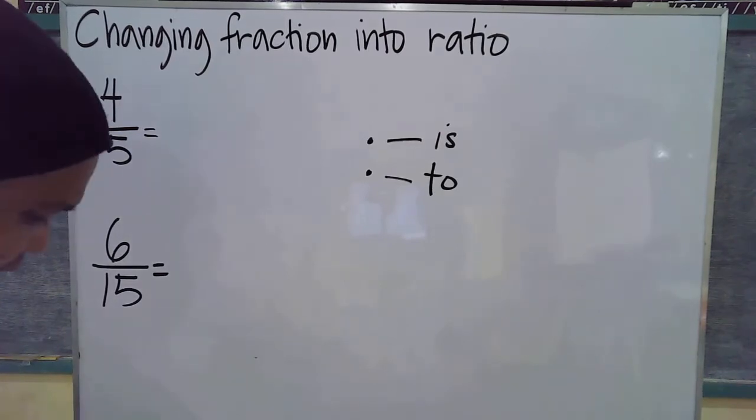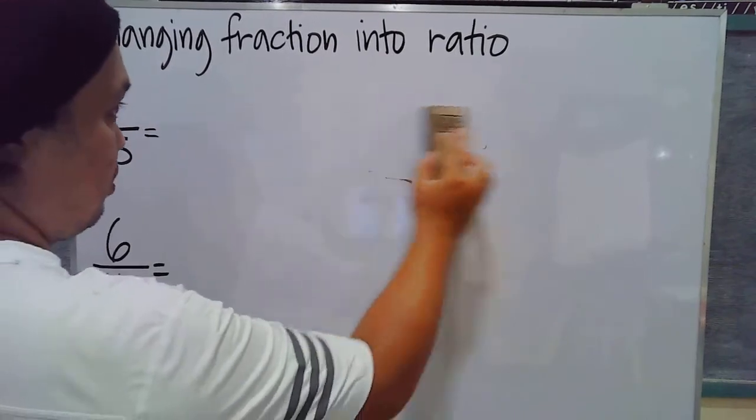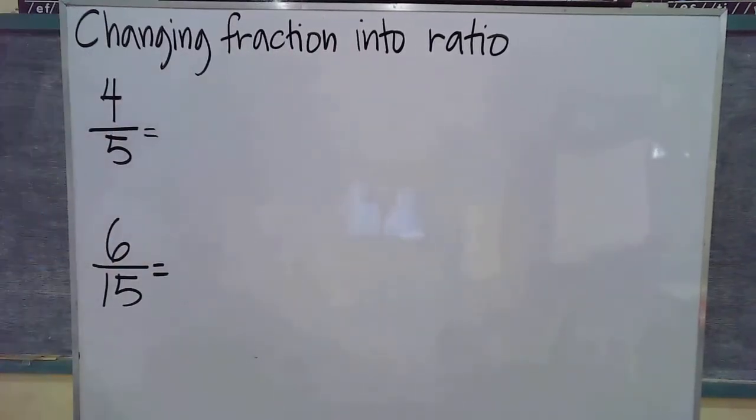Now how do we change a fraction into a ratio? It's very easy. Just change the fractional bar into a ratio.